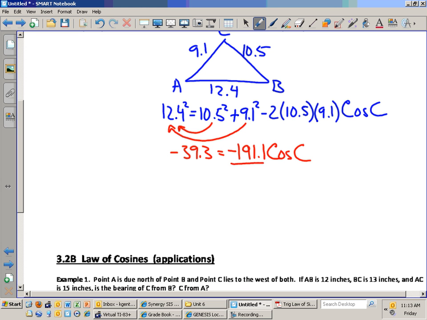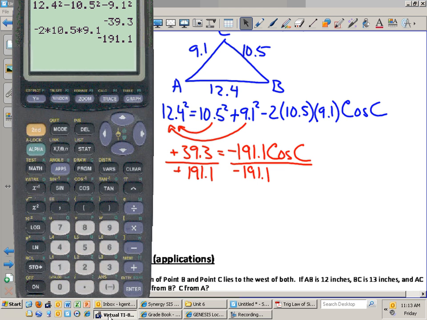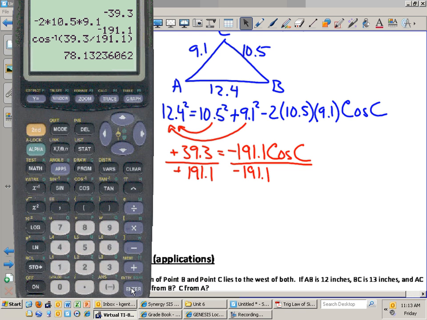So I'm just going to divide both sides by negative 191.1. And so I can do cosine inverse of that. Cosine inverse of 39.3 divided by 191.1, and I get 78.13.